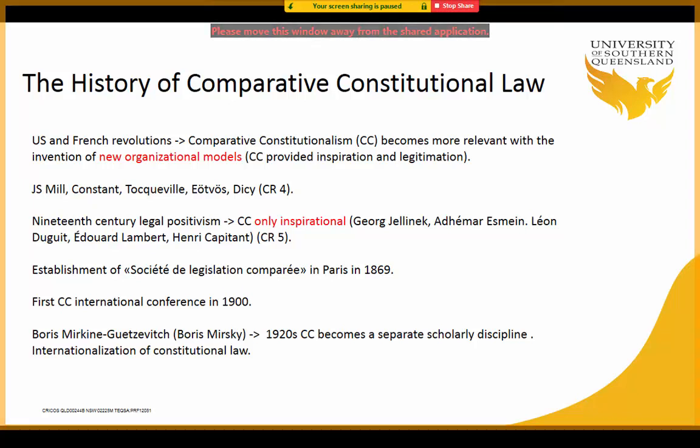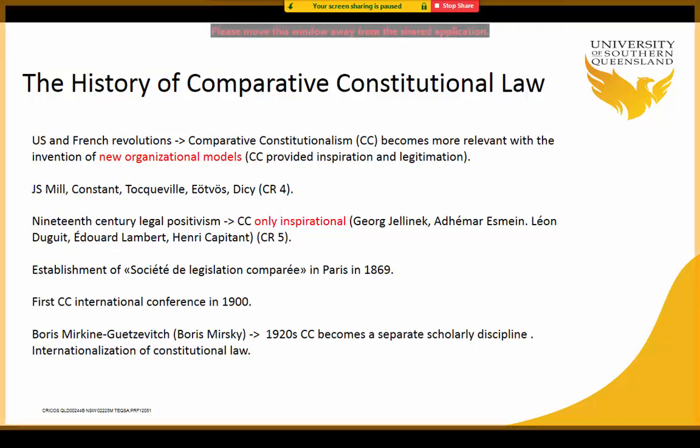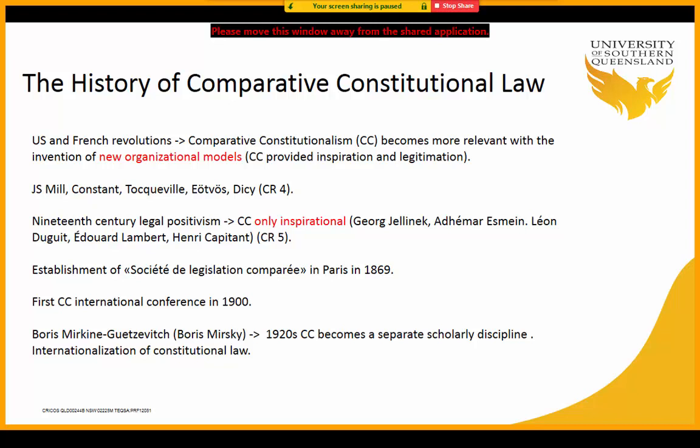Then in the 1920s, we find that the comparative constitutional law movement became a separate scholarly discipline. Now note, I'm talking about comparative constitutional law, not comparative law.